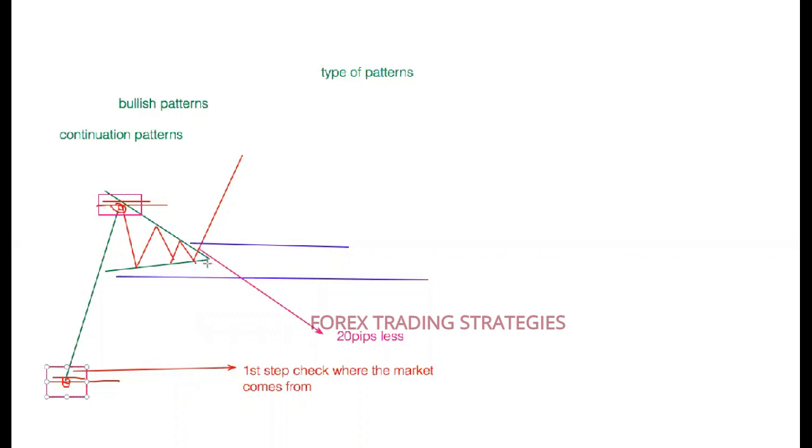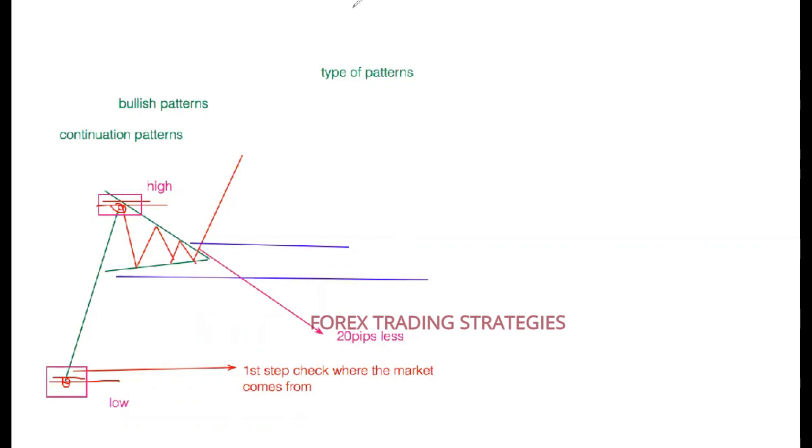You see? So in this case, so now when you have got the low here, no, sorry. When you have got your low and your high, it's confirmed. Then you're looking for a pattern that's going to take place. Then how do you buy? You wait for the market to break your pattern, 20 pips less. So it can be any amount of pips, but it should be 20 pips less.